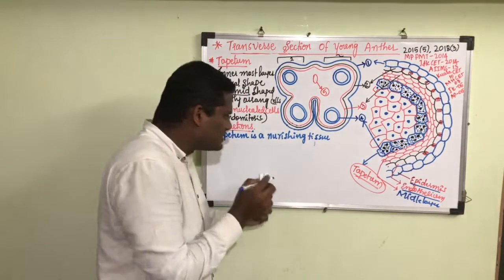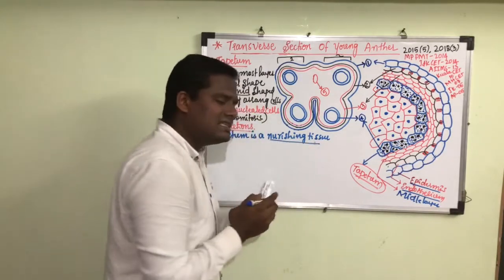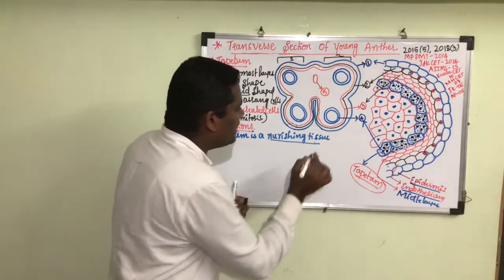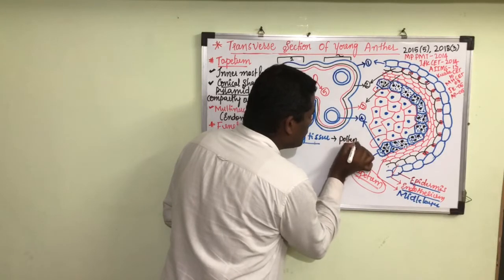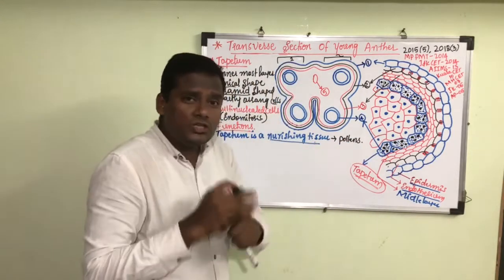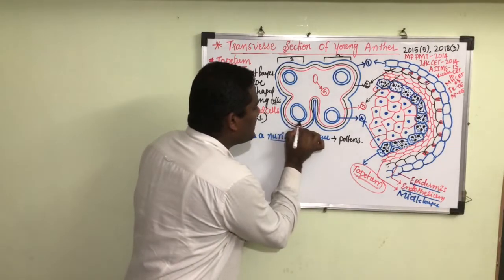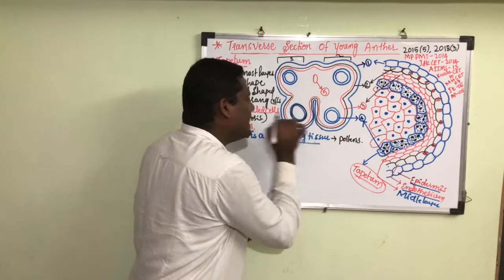Now the question arises, if it is a nourishing tissue, who is it giving nourishment to? It is giving nourishment to the pollen grains. Where are these pollens located? Pollens are located here, and this is the tapetal layer made up of tapetal cells.